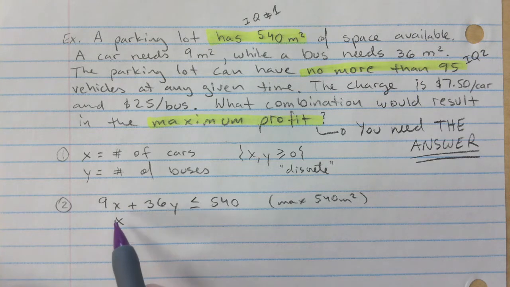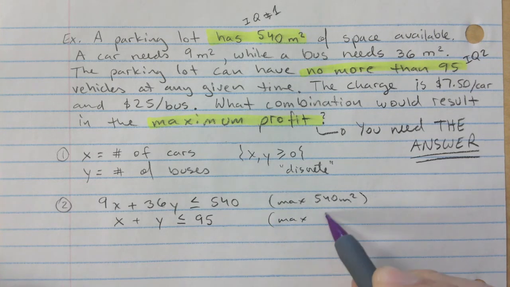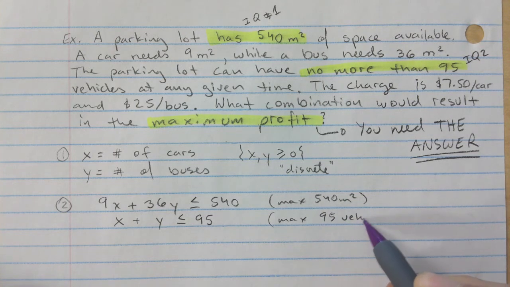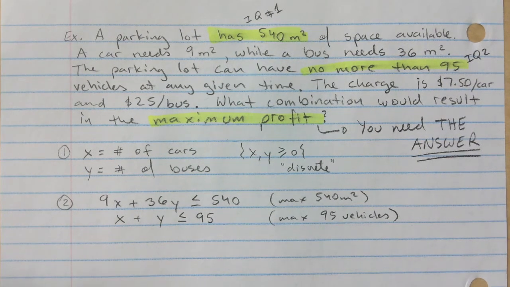So that means that the number of cars and the number of buses has to be less than or equal to 95. Maximum of 95 vehicles. Watch for the wording, okay? It's not always going to be less than, right? If it says at least, then you need to have something different there.